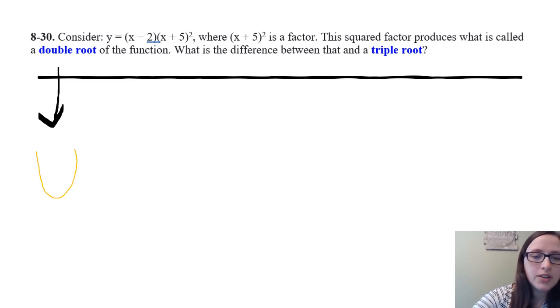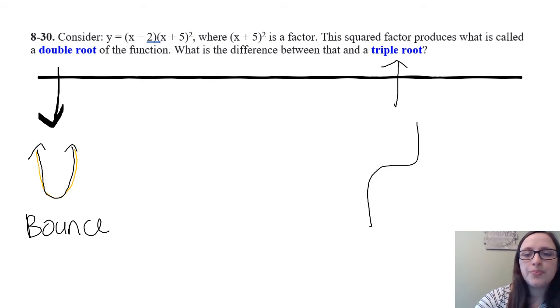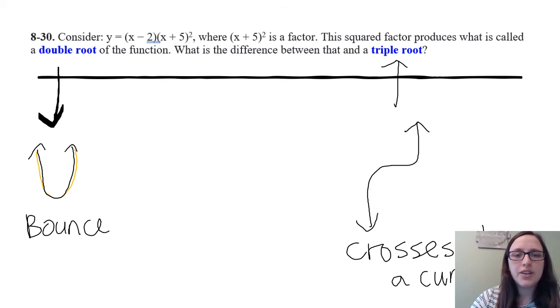Oops, wanted to use just like a black marker. So there's a bounce with that double root, whereas with the triple root, it crosses. It also kind of curves. Okay, and that's how the graphs look different.